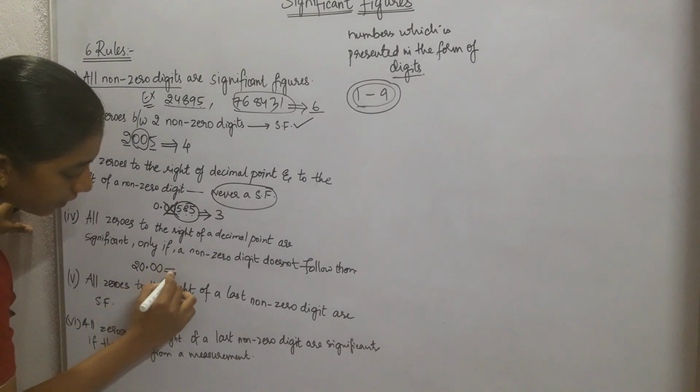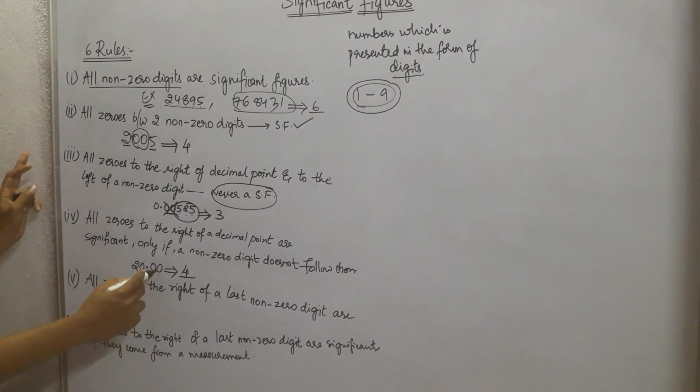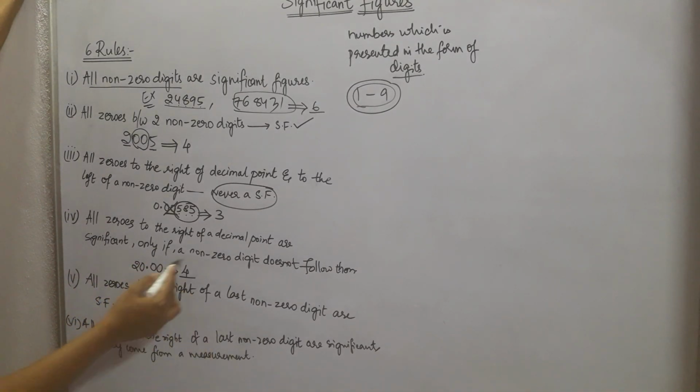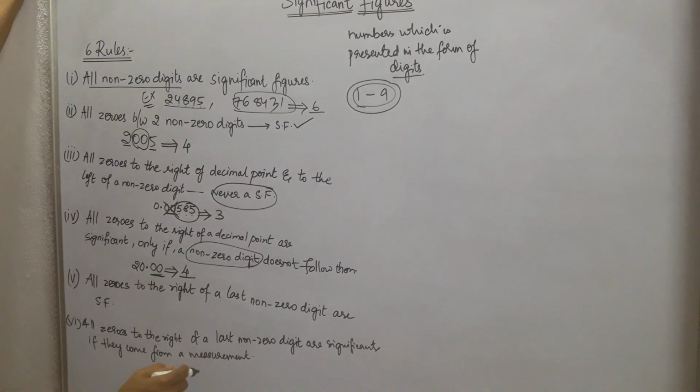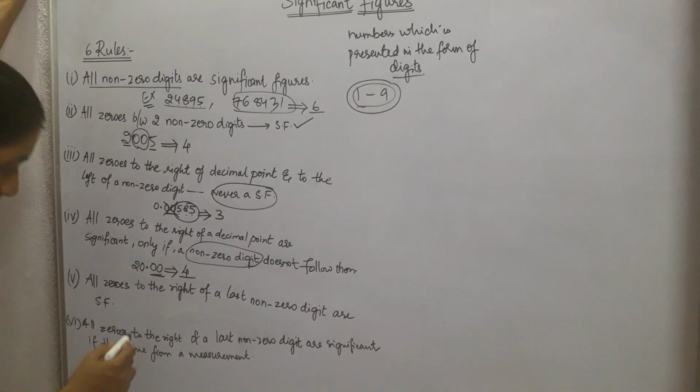The number of significant figures here is 4, because the zeros which are to the right of a decimal point and are not followed by any non-zero digit are considered significant figures.